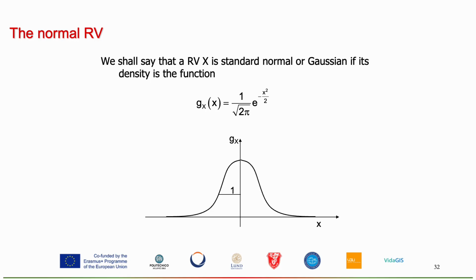There is a multiplying coefficient, 1 over square root of 2π, that is not a function of x, that multiplies the negative exponential of x squared over 2. The picture of the function has the shape shown below, like a Mexican hat, symmetrical around 0 clearly. The integral is not so easy to compute, but it is equal to 1 over the whole real axis.